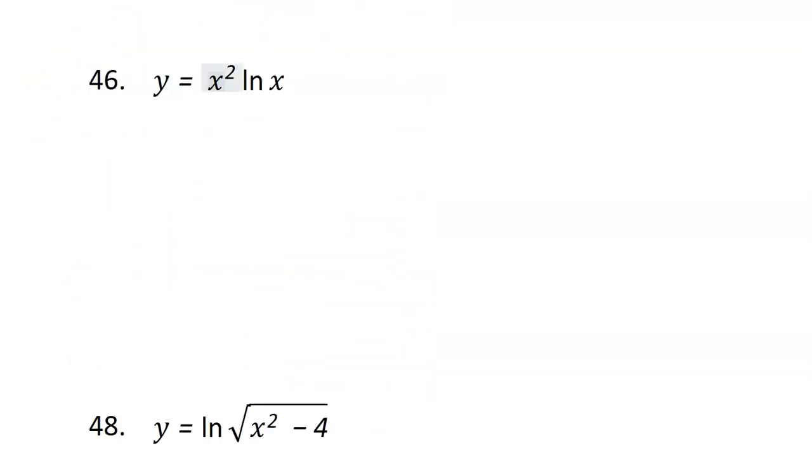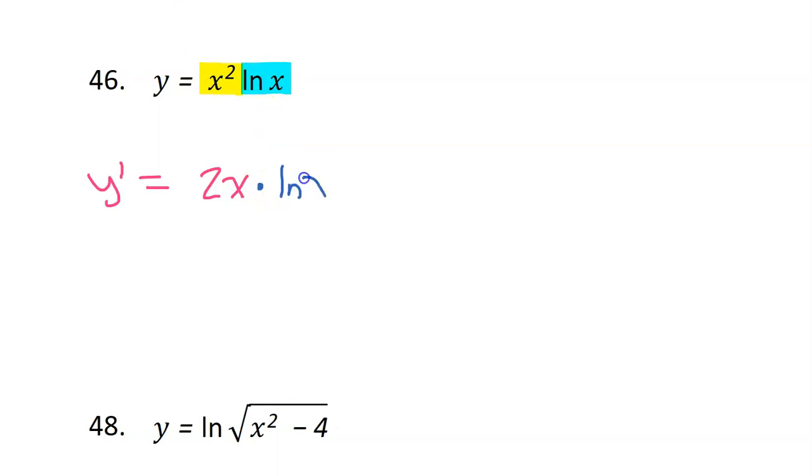On number 46, we will use the product rule because we can view this as x squared times the natural log of x. So the way the product rule works, first you take the derivative of the first factor, so that'll be 2x, and you leave the second factor alone.